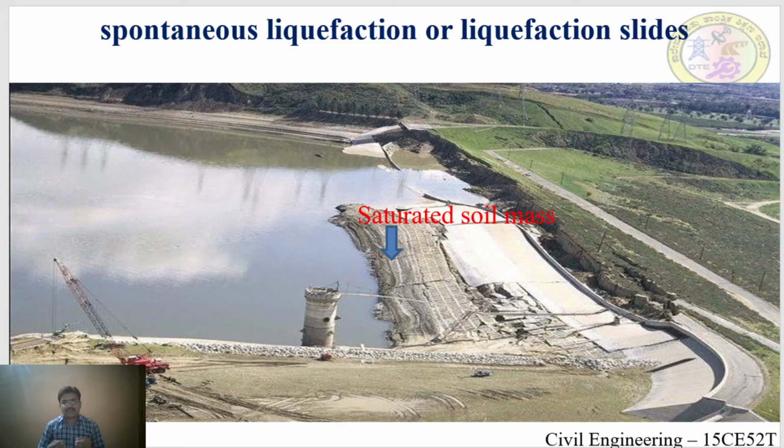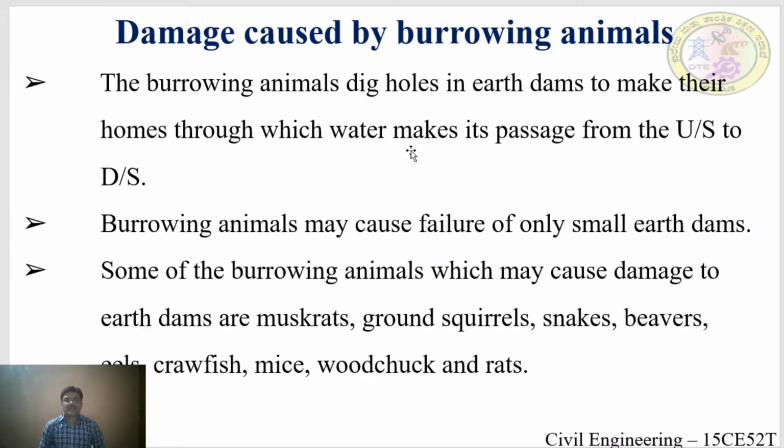Hence, the spontaneous liquefaction takes place and it slides towards the downstream portion. This is the portion where it slides from where the saturated soil mass is. After it gets mixed with the water, it gets saturated and there is a liquefaction of this soil. The liquefaction slide takes place.